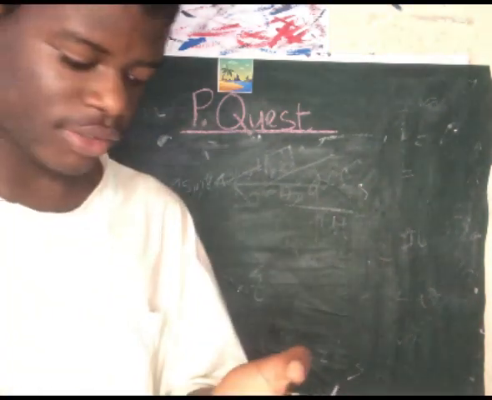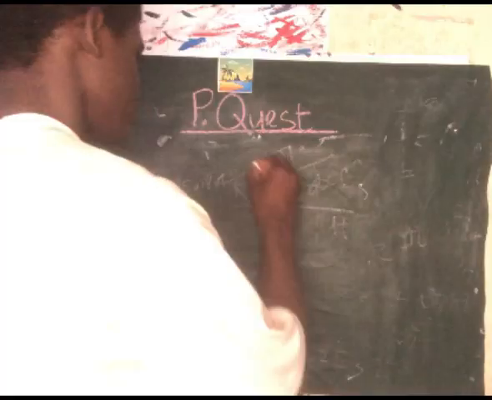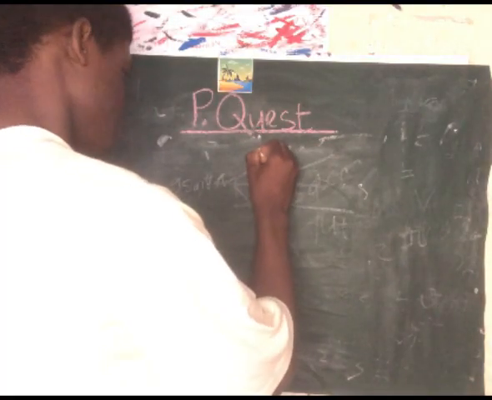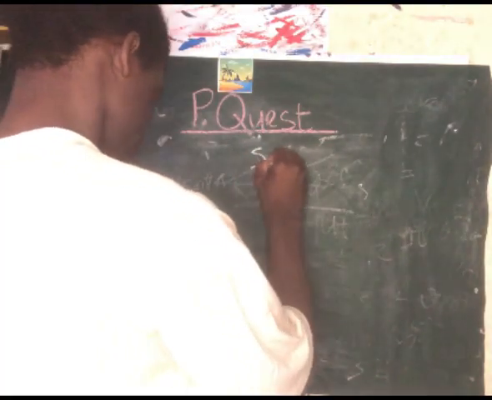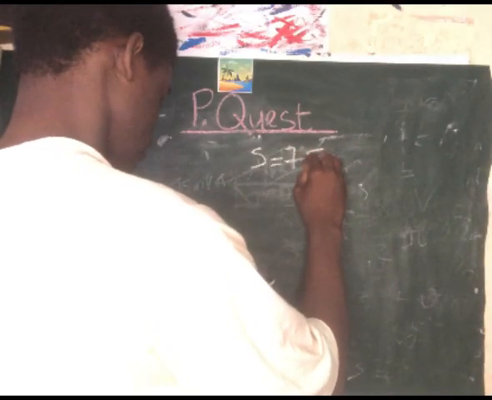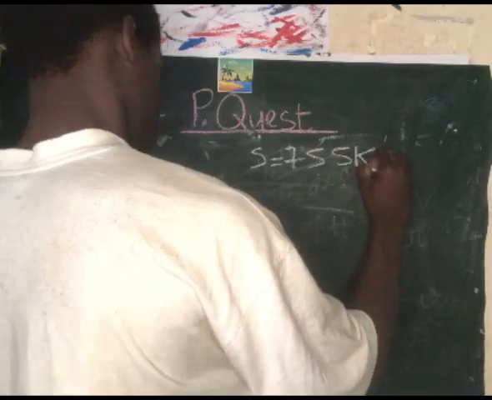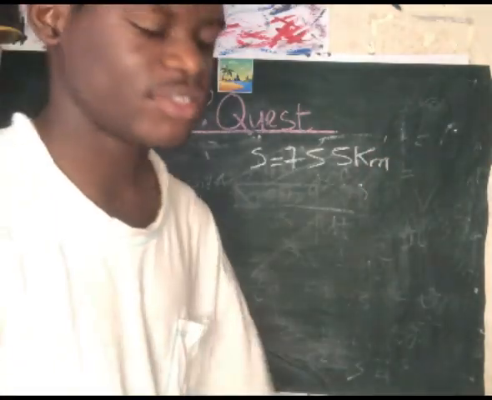Question number 10. It says find the minimum velocity to hit a target 755 kilometers away under gravity.